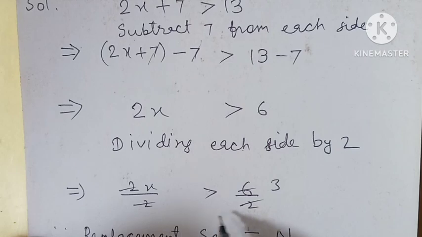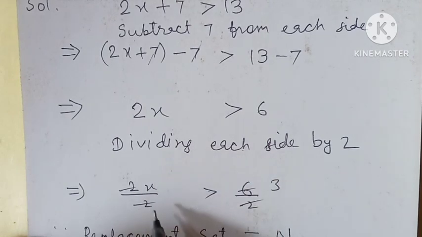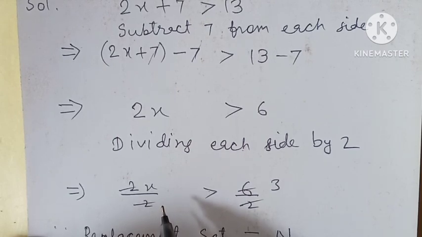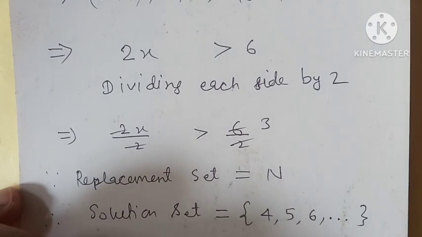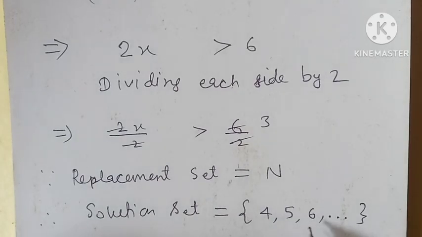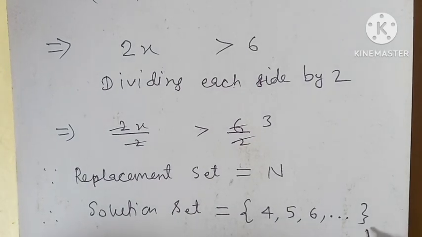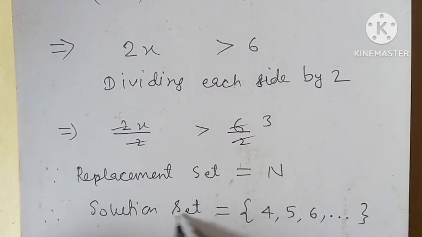So we get the result x is more than 3. And here the replacement set is the set of natural numbers, that is counting numbers. So counting numbers more than 3 are 4, 5, 6 and so on. This is the solution set.